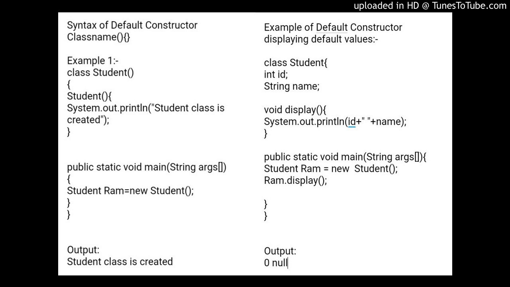First we are trying to output the roll number or the id, and then we are trying to output the name. What is the default value for integer? It is 0. And what is the default value for string? It is null. So that will get printed. So a default constructor has been created, and the default values, that is 0 and null, are provided by the default constructor.